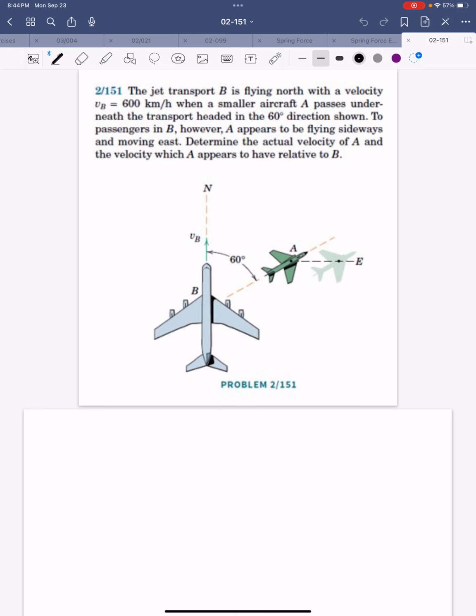Okay, so let us read the problem again carefully. The jet transport B is flying north with a velocity VB of 600 kilometers per hour. So let me just put Cartesian coordinates here.